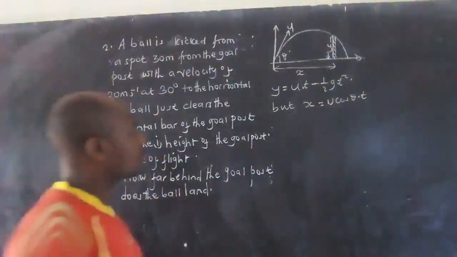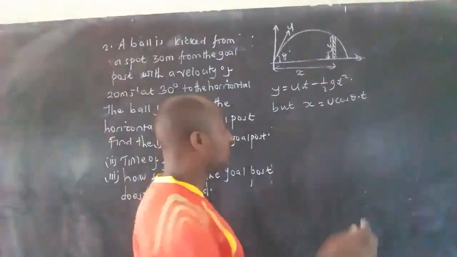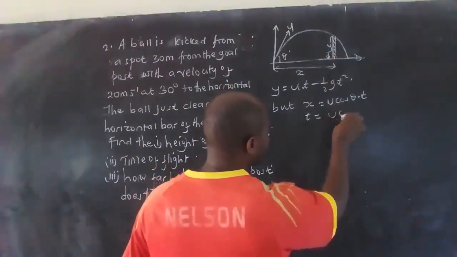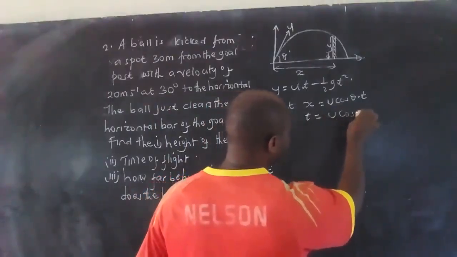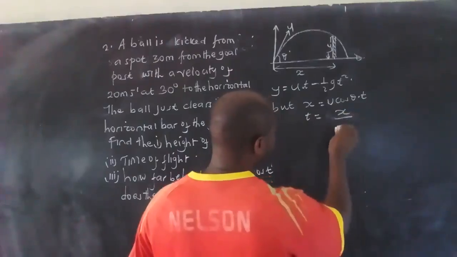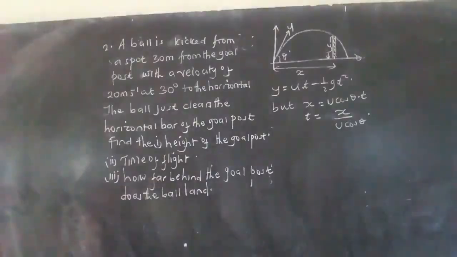G is equal to 0. So our t will become x divided by u cos of theta.